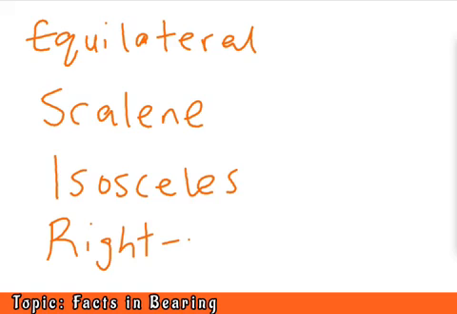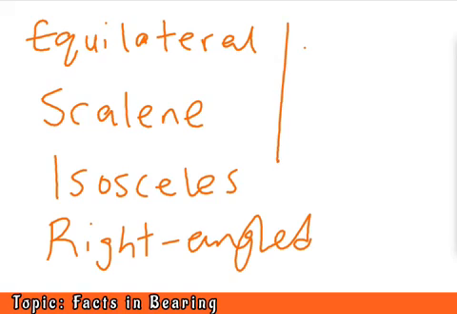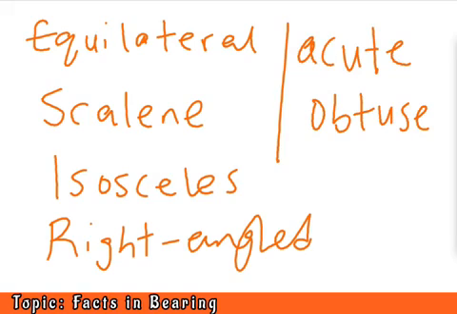There are actually more than three. We also have the acute angle triangle and the obtuse angle triangle. So these are the types of triangles we encounter.